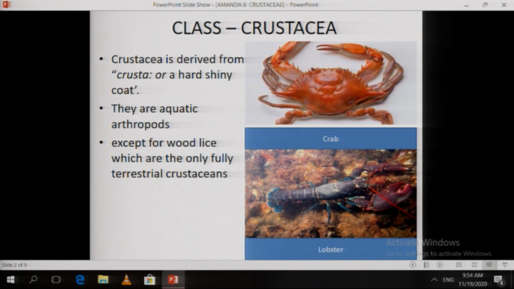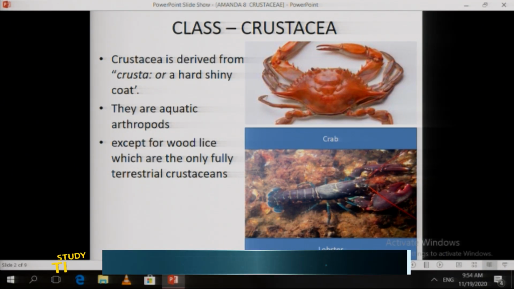So like many other arthropods, members of class Crustacea live in water. Many of them live in water, apart from a few like the wood louse that are fully terrestrial, all right? So the majority of class Crustacea members live in water. They're aquatic.